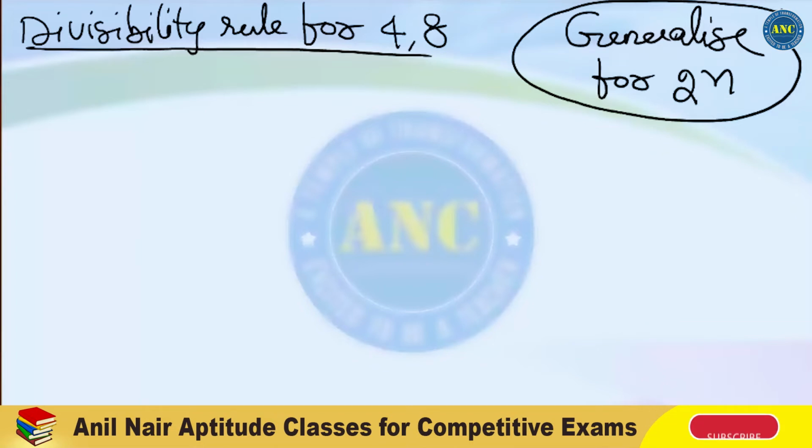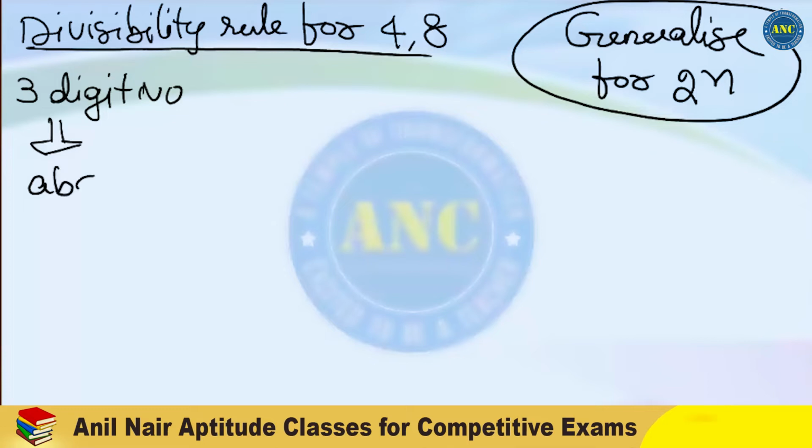Now, I will take a 3-digit number, ABC. A is in the hundreds place, 100A.